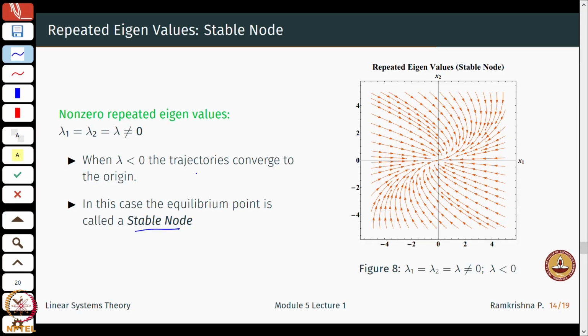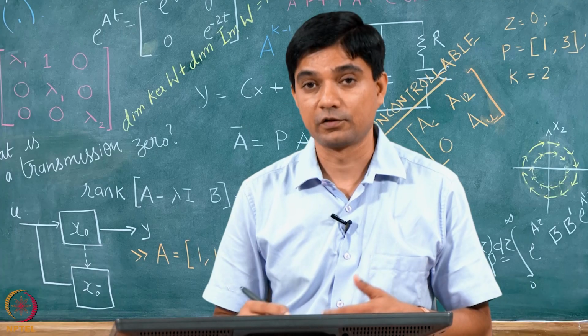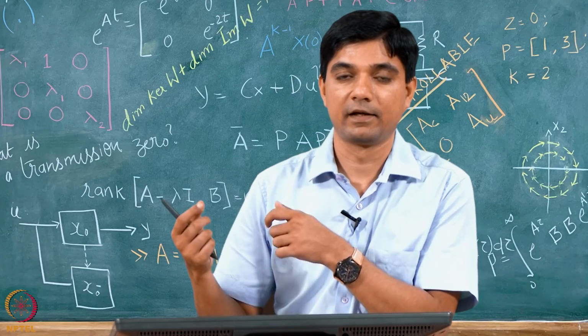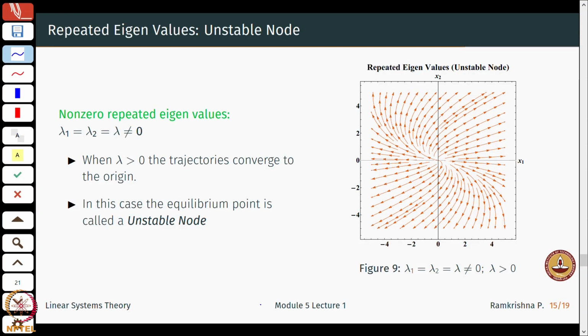This is how they will look, and we will also call this a stable node. What happens when it is an unstable node? Well, the plots will be similar with just the direction of the arrows reversed. So if I am looking at, say, an eigenvalue of +1, the system will naturally be unstable, and I will call this equilibrium an unstable node.